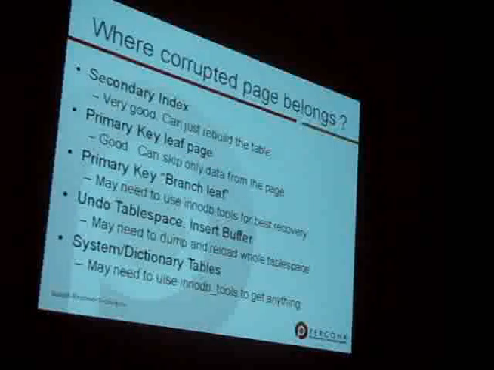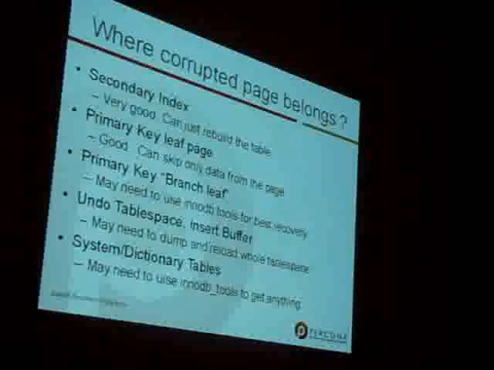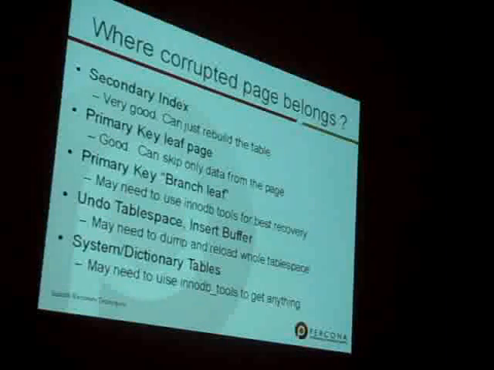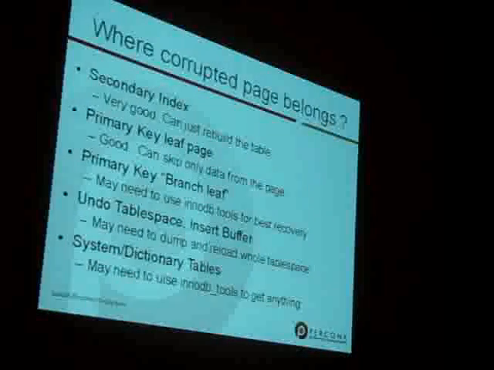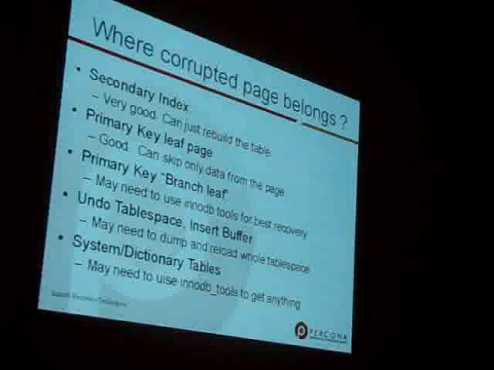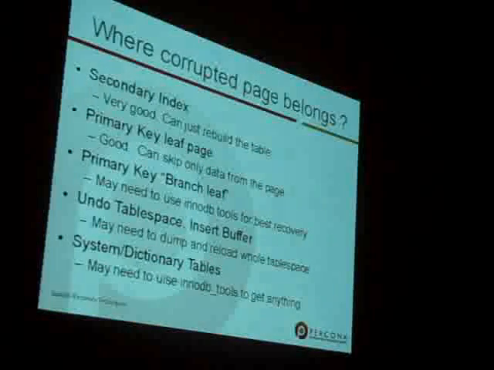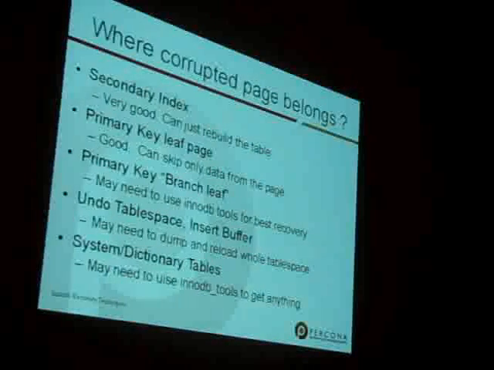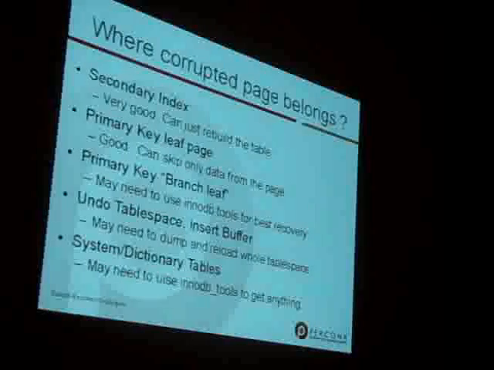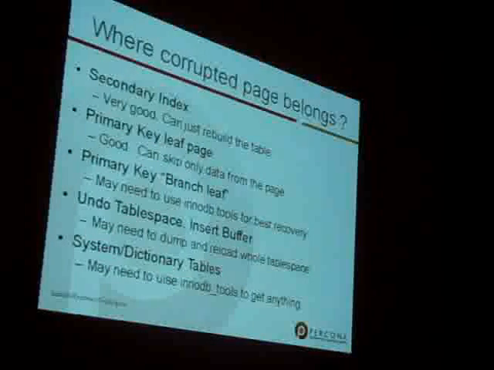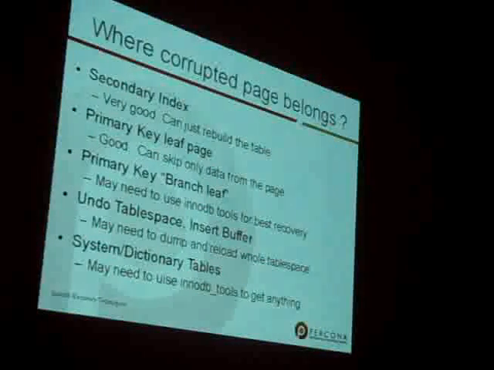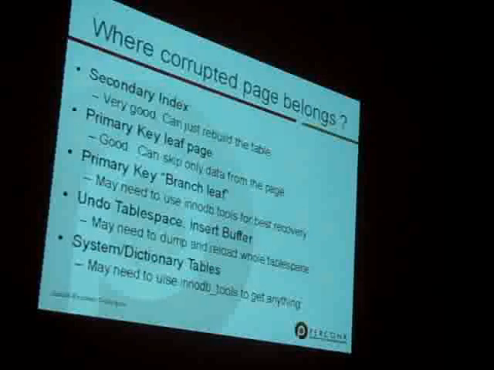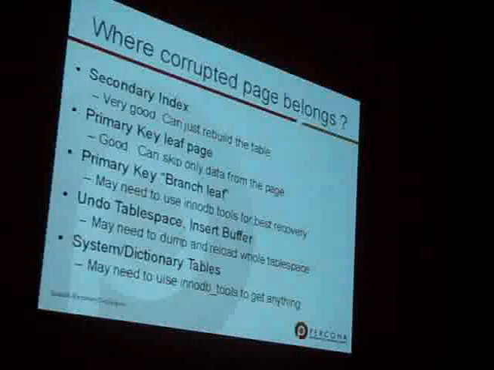It also could be a primary key leaf page, in which case you may have to skip some data from this page. It could be a branch page, so a page somewhere in the middle of the tree. In this case, you may end up losing more data.